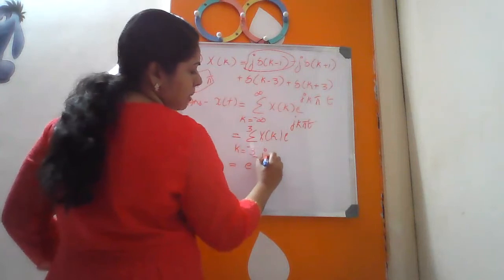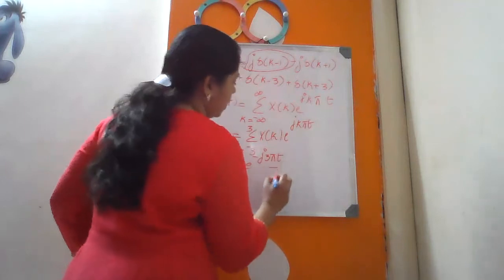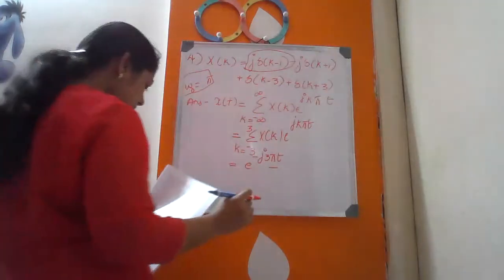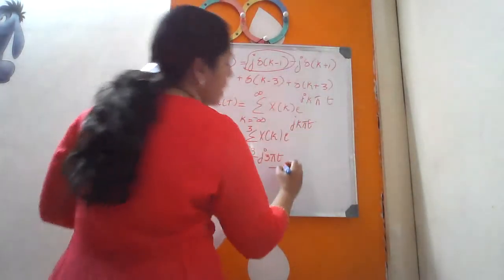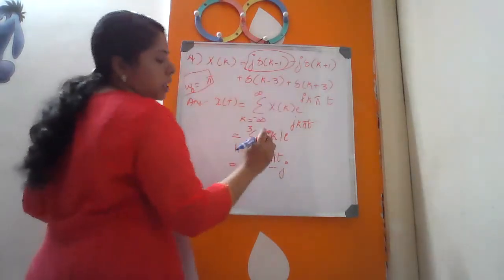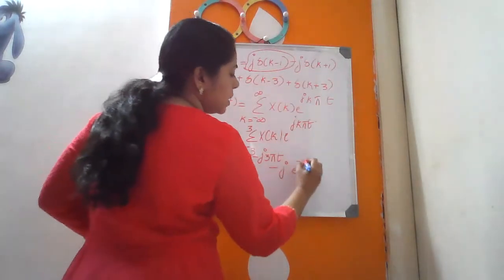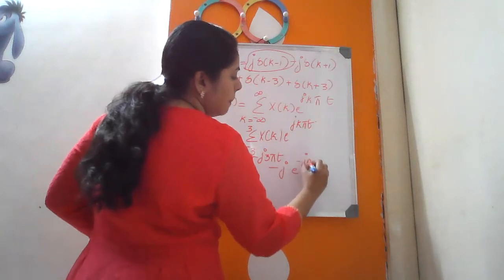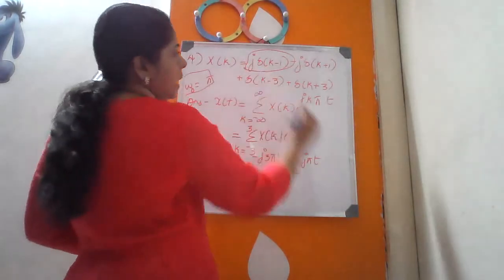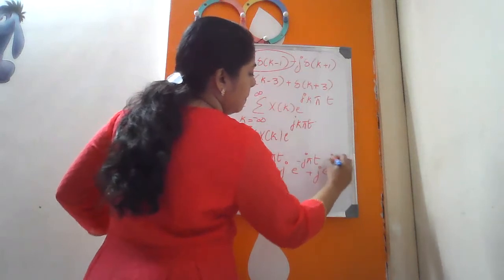Then at minus 1, my amplitude is minus j because del is multiplied by minus j, so minus j e power minus j pi t. At plus 1, again my amplitude is plus j e power j pi t.